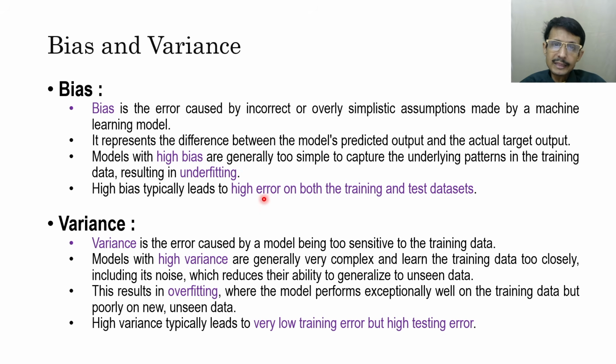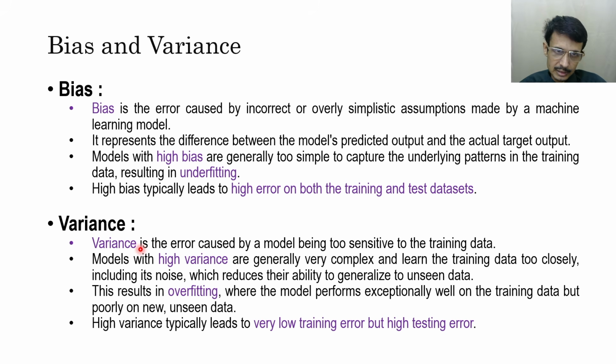High bias typically leads to high error in both the training data and test data. That is very easy to understand, because if the model is very simple and it fails to capture the training data, definitely it will do poorly at testing. So this is called bias.